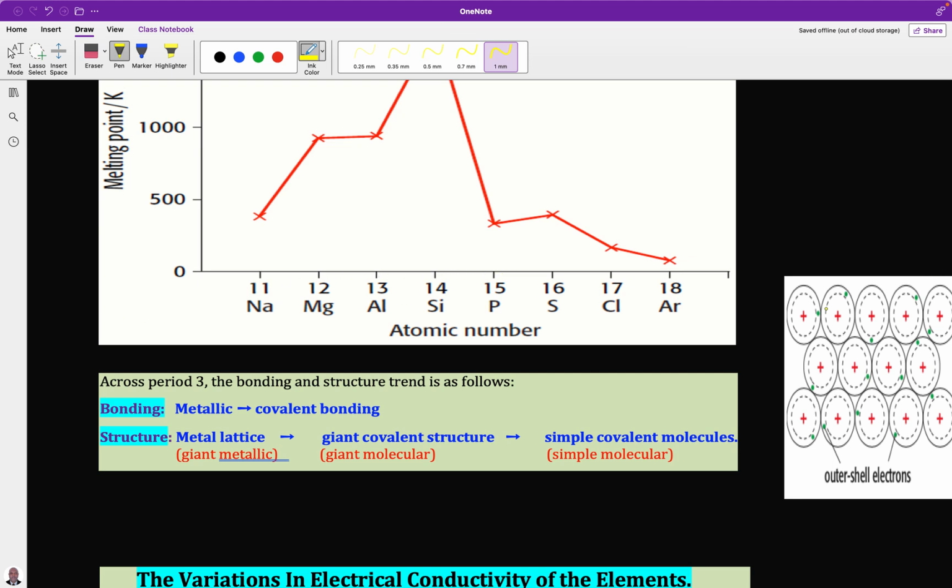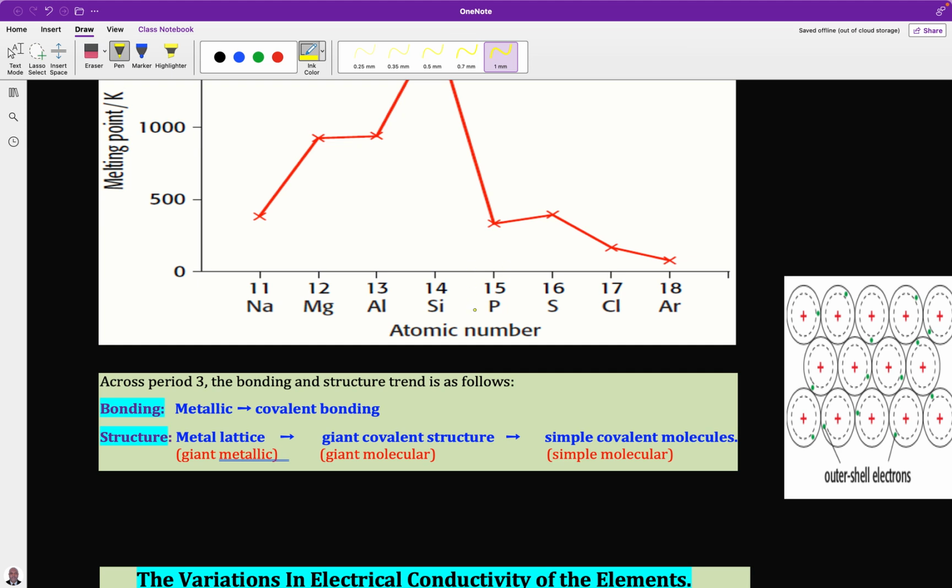In terms of structure, we are moving from metallic lattice structure, or what we call giant metallic structure, to giant covalent structure, or what we call giant molecular structure.